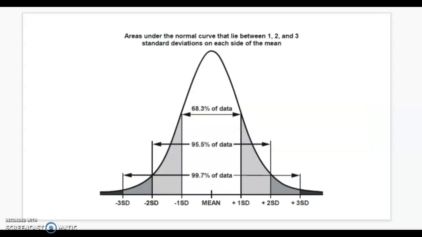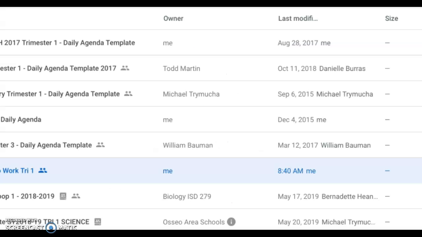No. In biology, we want 2 standard error of the means, 2 standard deviations above the mean, and 2 standard deviations below the mean. That way we are 96% confident that our actual answer is going to fall somewhere in between those 2 points. And 96% confident is good enough for biologists, right? That leaves room for whatever, a 4% chance that it's going to be something different.